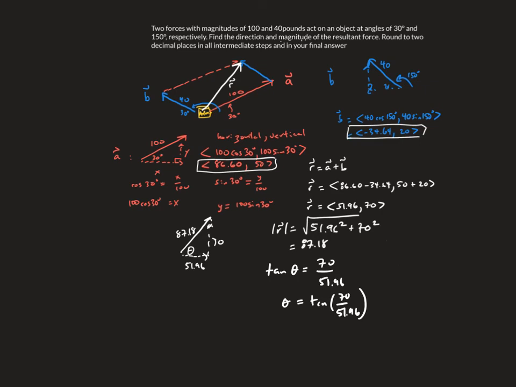So inverse tan, 70 divided by 51.96, and we get 53.41 degrees. So we've got the direction: the force is acting at an angle of 53.41 degrees, and we've got the magnitude, a magnitude of 87.18 pounds.